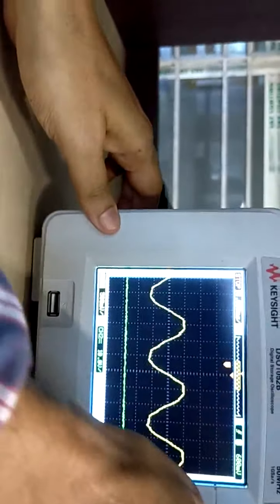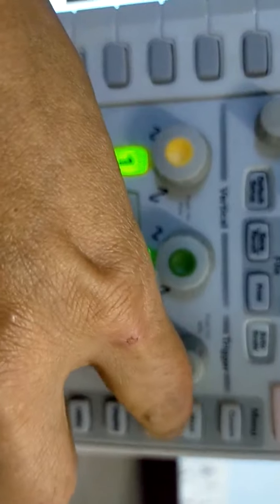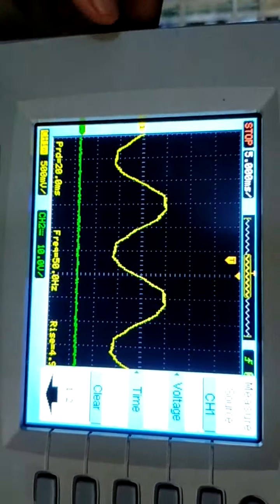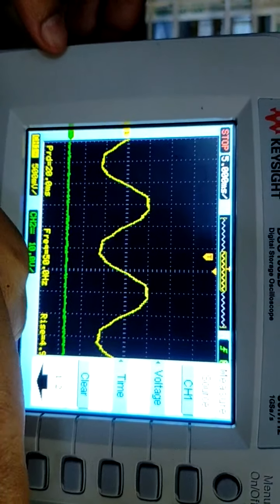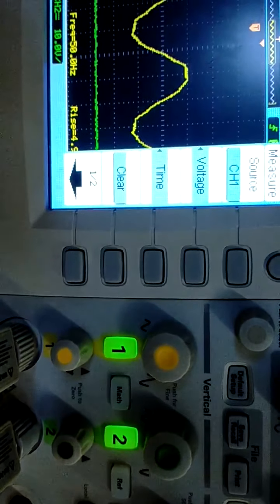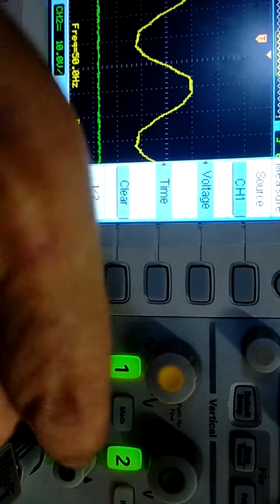Now we can measure that. This is the measure button. So now you can measure the voltage. The DSO has two channels, channel 1 and channel 2. For seeing the input, we have connected this probe at channel 1.